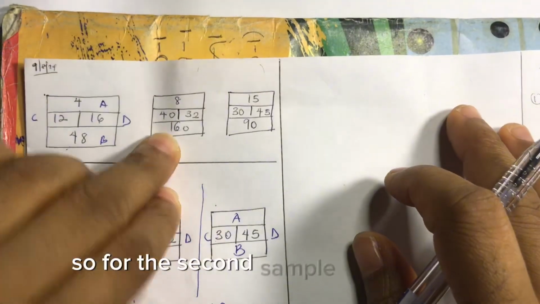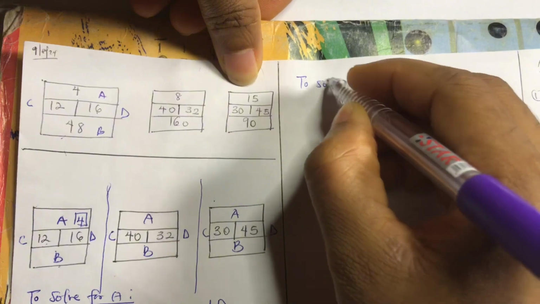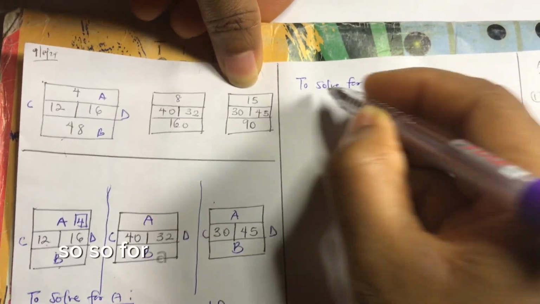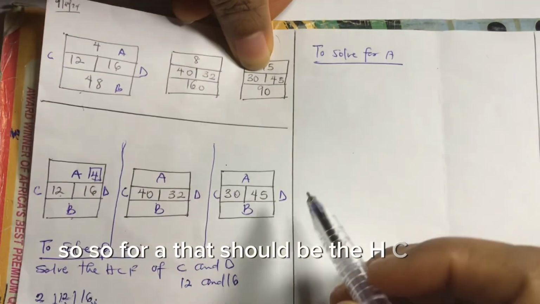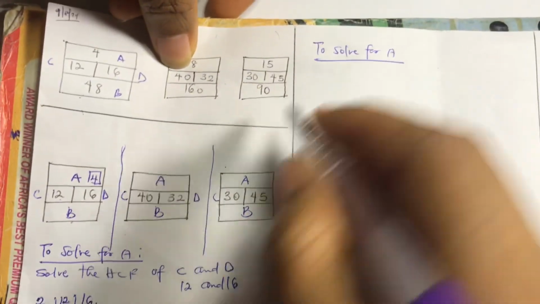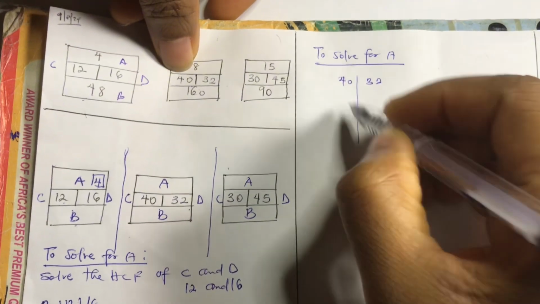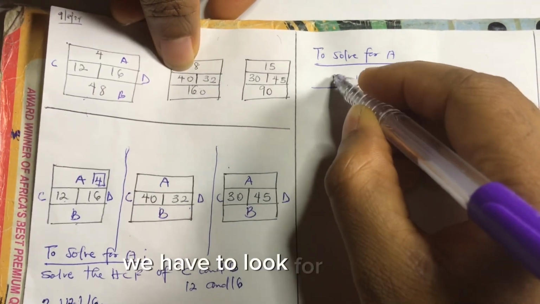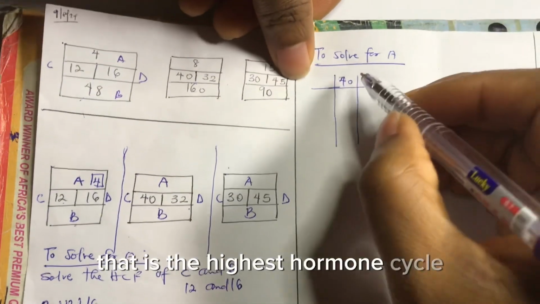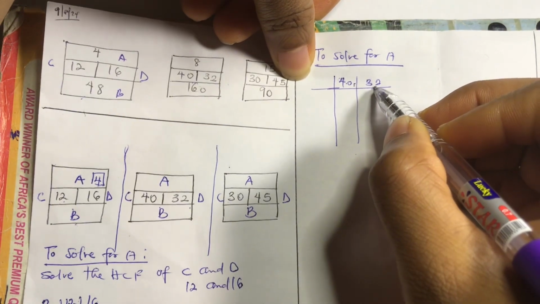For the second sample, to solve for A, that should be the HCF of C and D. My C and D here is 40 and 32. We have to look for the HCF, the highest common factor. What is that number that can go in 40 and 32 without remainder?